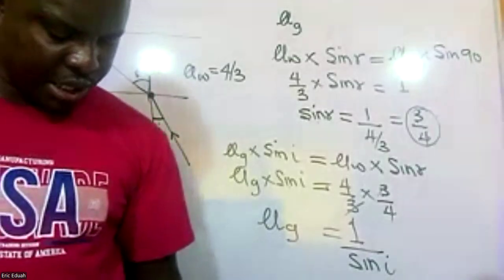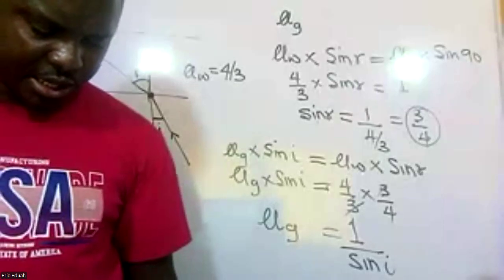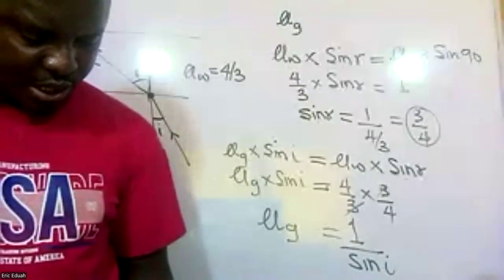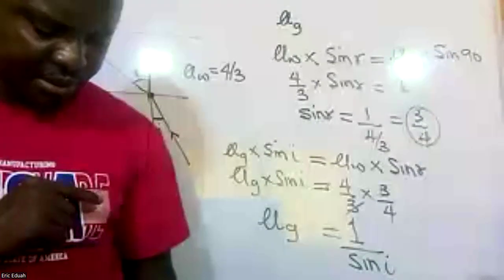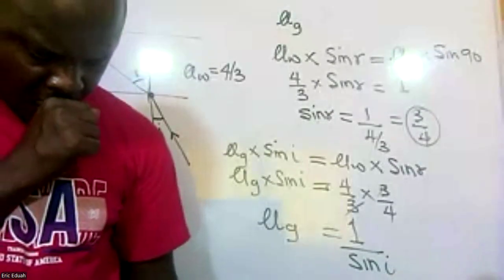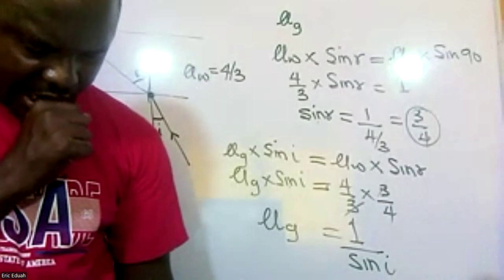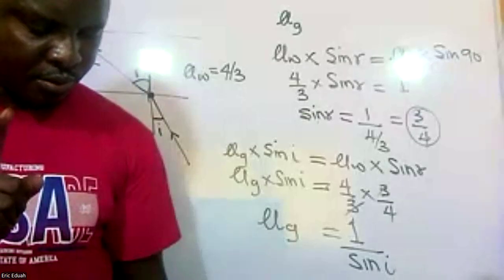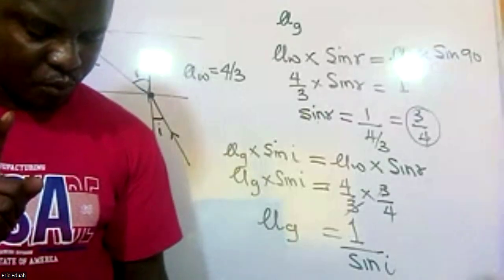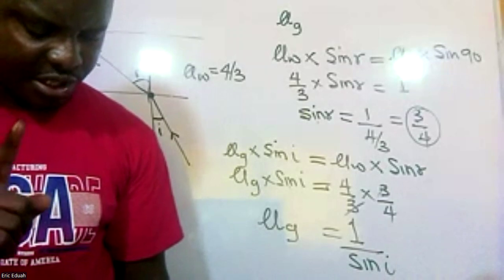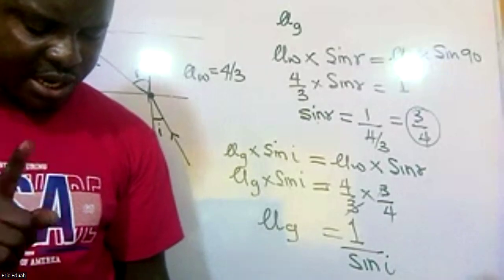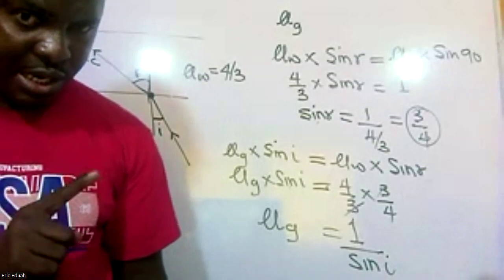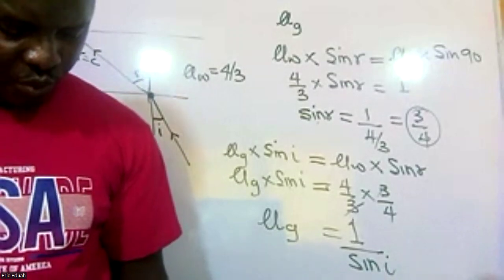What should be the minimum angle of incidence of this ray onto the prism so that total internal reflection occurs when the ray leaves the prism?